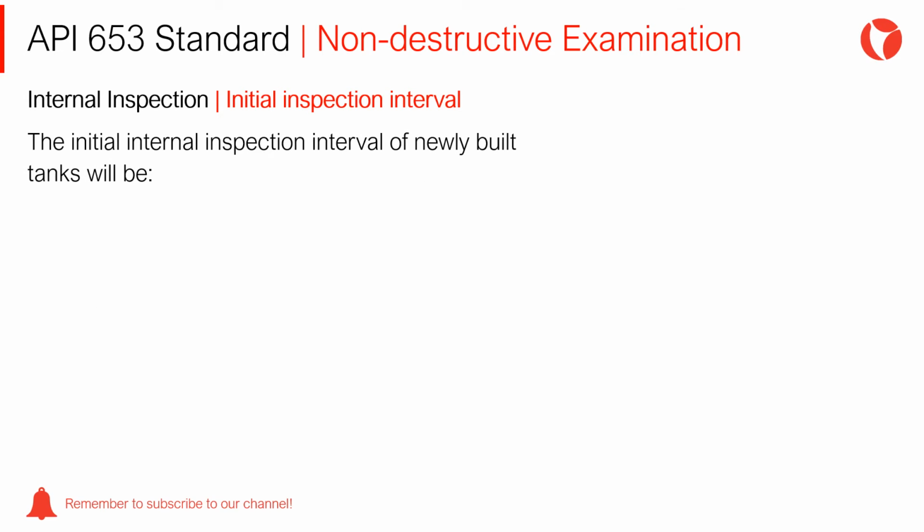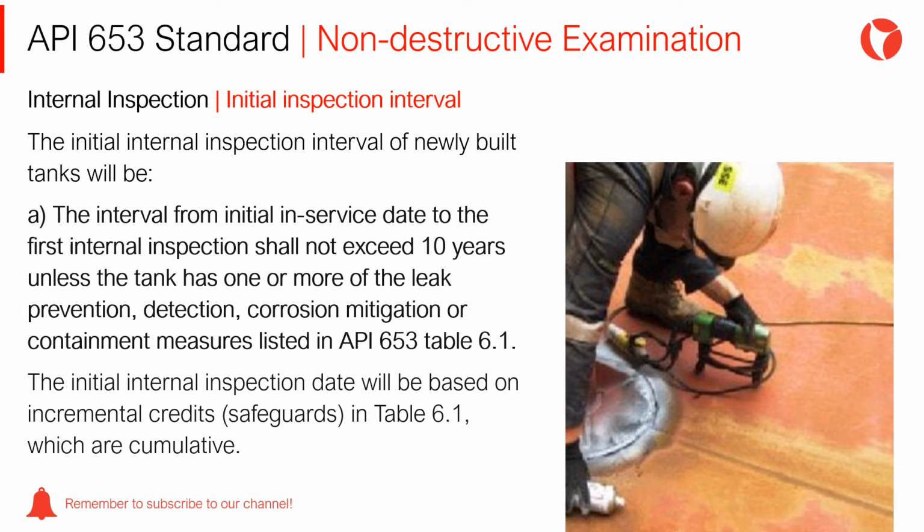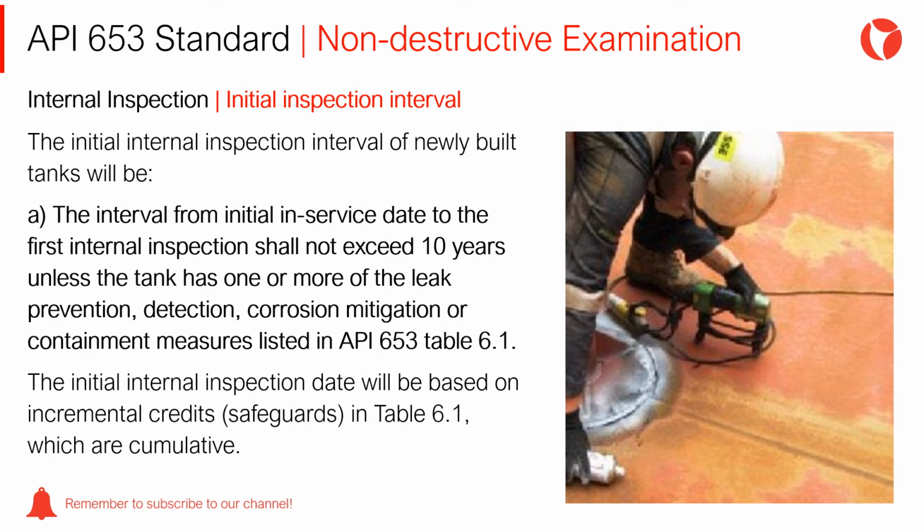The initial internal inspection interval of newly built tanks will be as follows. The interval from the initial in-service date to the first internal inspection shall not exceed 10 years unless the tank has one or more of the leak prevention, detection, corrosion mitigation or containment measures listed in API 653 Table 6.1.